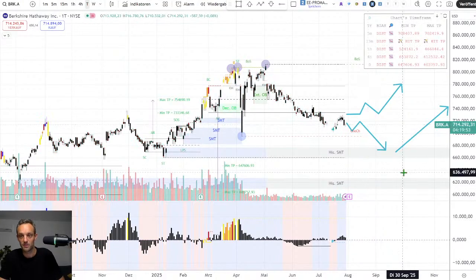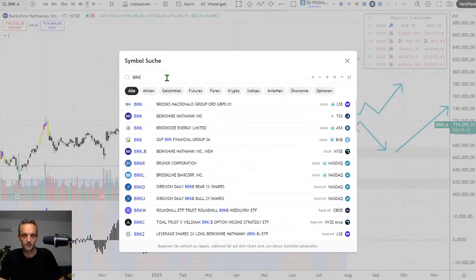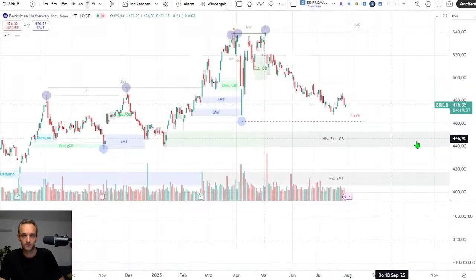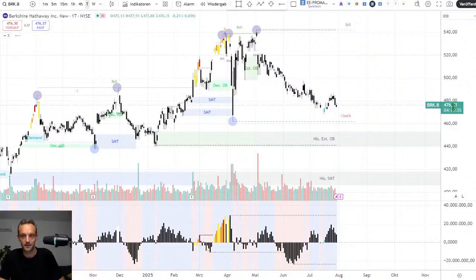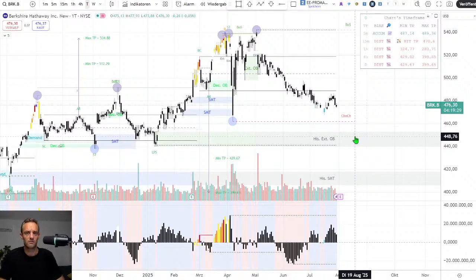Berkshire A and Berkshire B, I don't know actually. Please do your own research, but look at the price. 714,000 is Berkshire A, and Berkshire B is 476. Maybe there is some kind of factor. Maybe ask ChatGPT. I don't know.